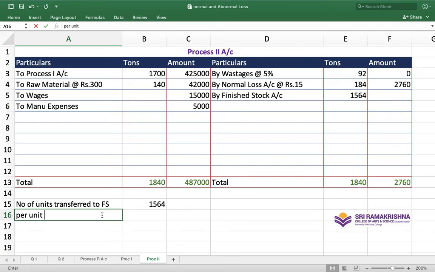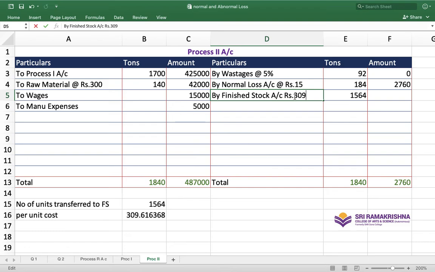Per unit cost is equal to total cost. Total cost is 4,87,000 minus scrap value 2,760, divided by 1,564. So per unit cost is 309 rupees, 309.62.